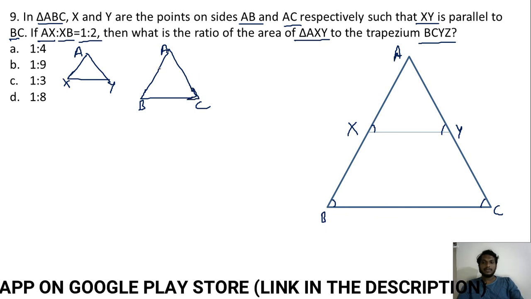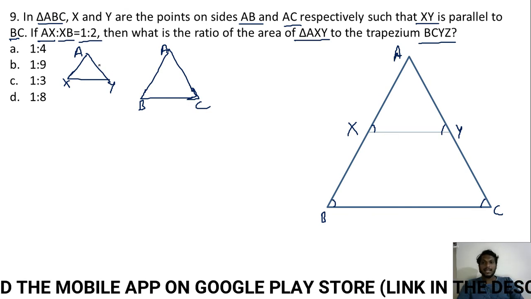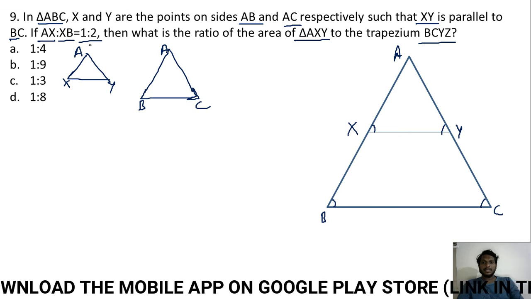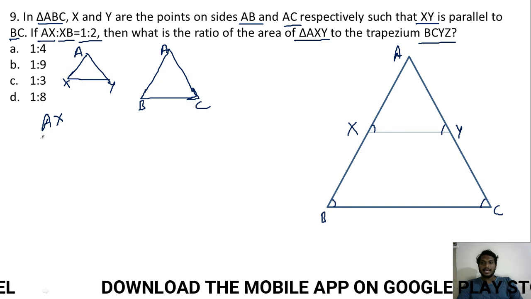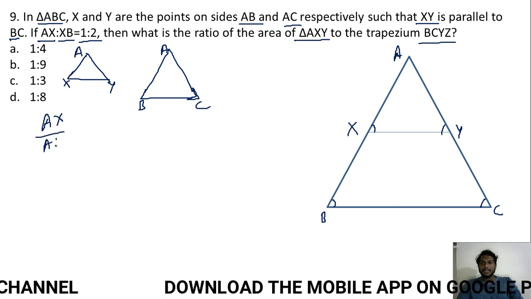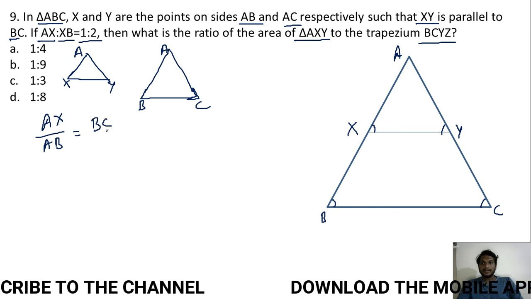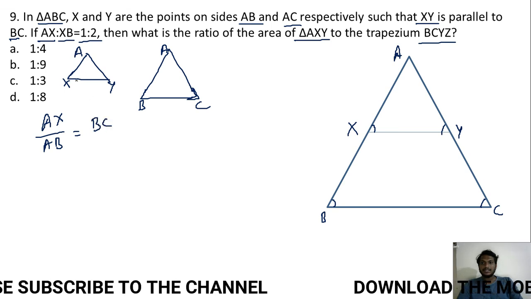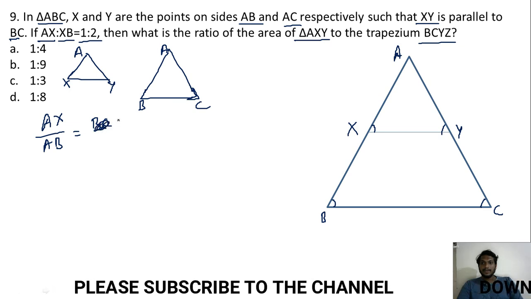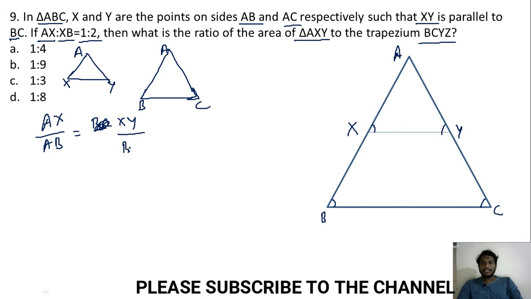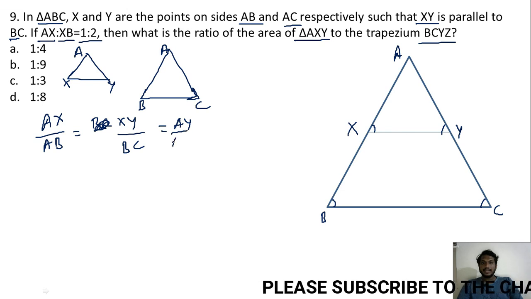When we have two similar triangles, then the ratio of corresponding sides will be equal. That is, XY by BC will be equal to AY by AC.